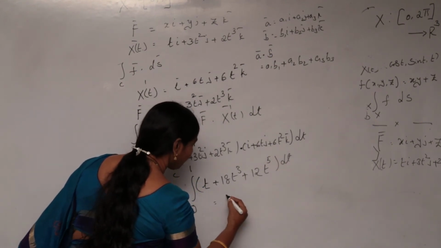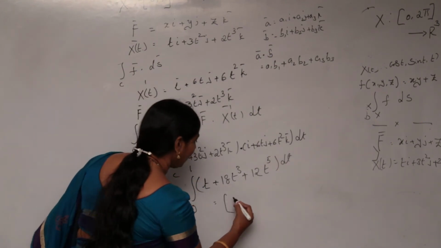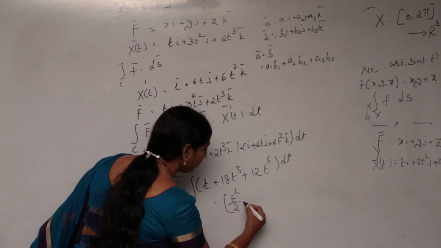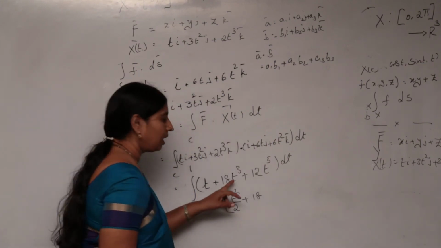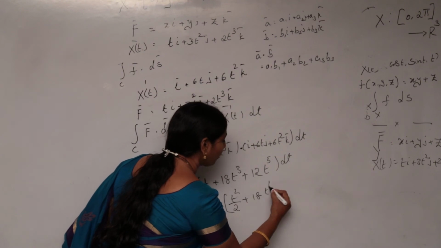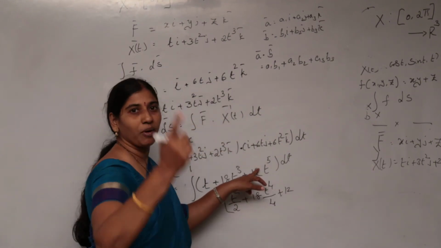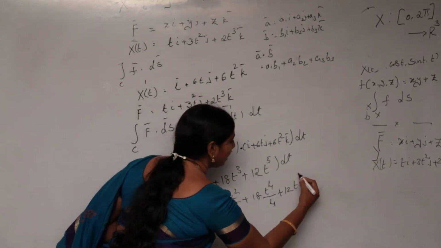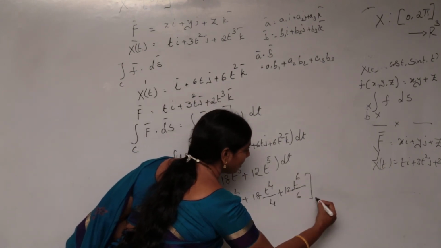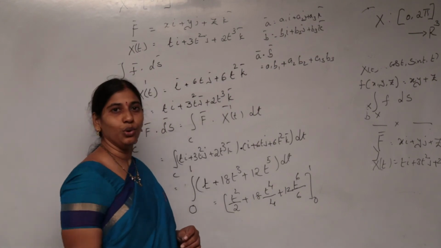So this is integrated: t integral is t square by 2, plus 18 into t cube integral, t to the power 4 by 4, plus 12 into t to the power 5 integral, that is t power 6 by 6, between the limits 0 to 1.